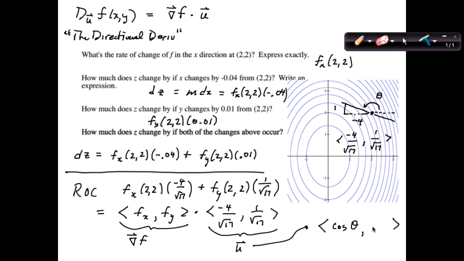Cosine theta, x component of this forces it to have a magnitude of 1, and then we got x direction and y direction, right? So when you do these problems, sometimes you might do it with theta and you use cosine and sine, or other times you'll just create, you know what the vector is, you know what the direction is, you just create the unit vector however you can do it, using theta or not.